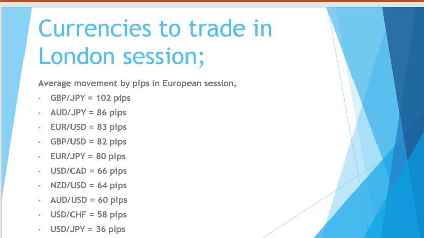Let me enlighten you a little more about the London session. 30% of Forex trading is executed during the London session. The London session overlaps the Tokyo and New York sessions. Initially, it overlaps the Tokyo session and in the end, it overlaps the New York session.